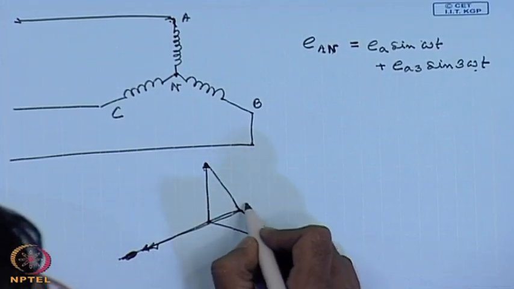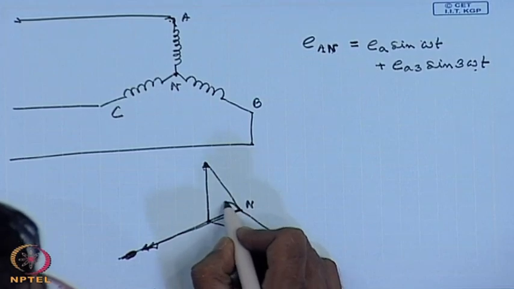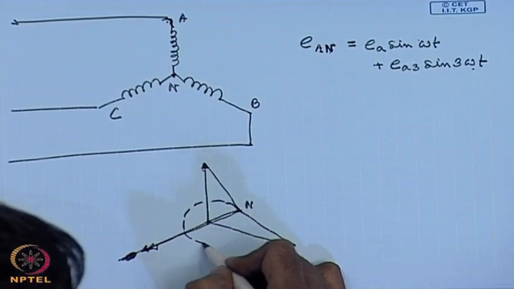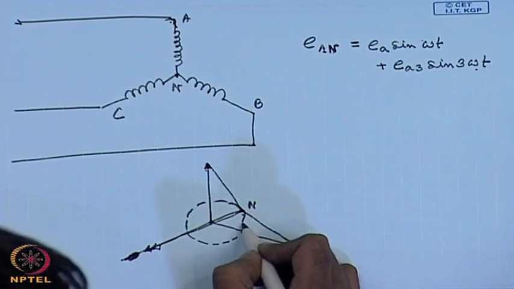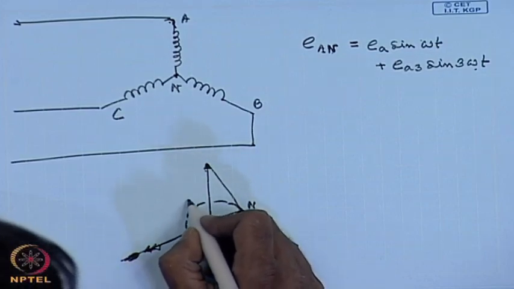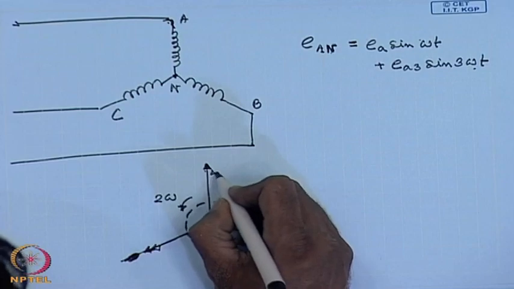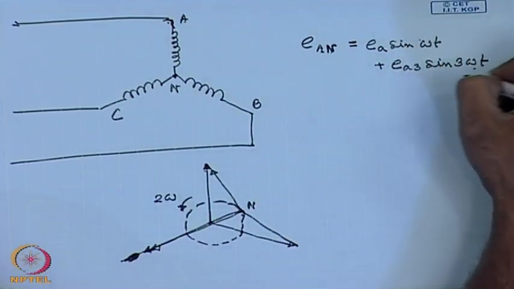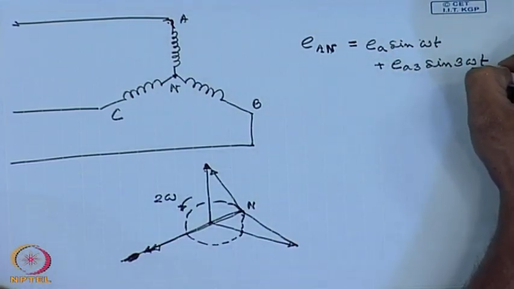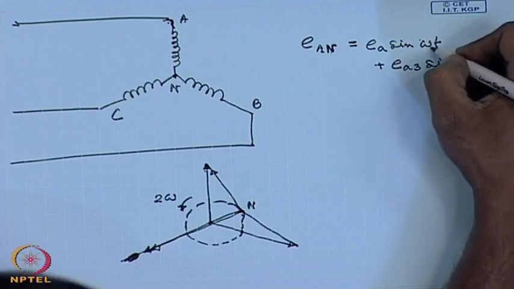And this end point will keep moving at a speed 2 omega, because the frequency of this is 3 omega and this is omega.